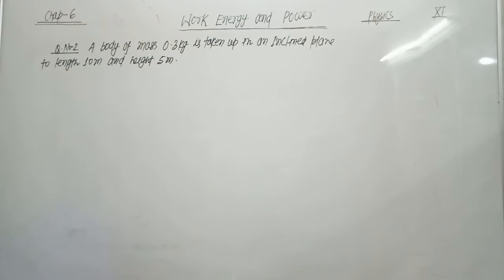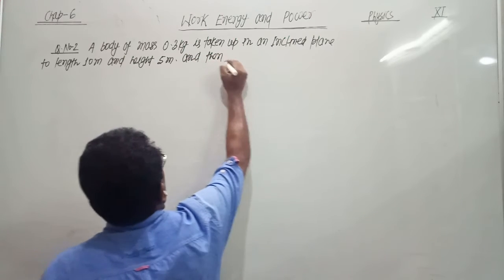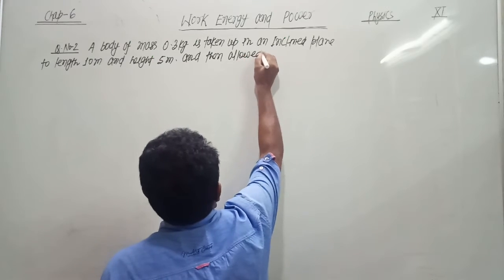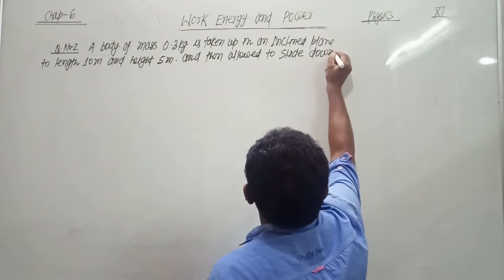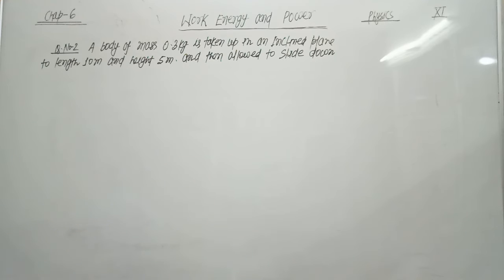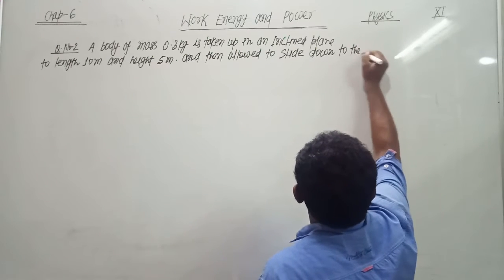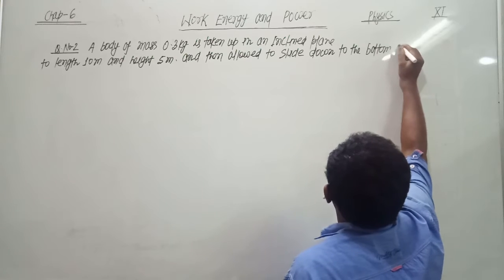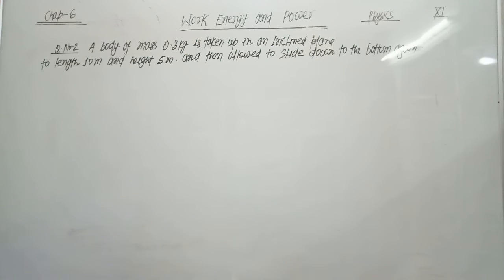The mass of the body is given, which is taken up an inclined plane of length 10 meter and height 5 meter, and then allowed to slide down to the bottom again.